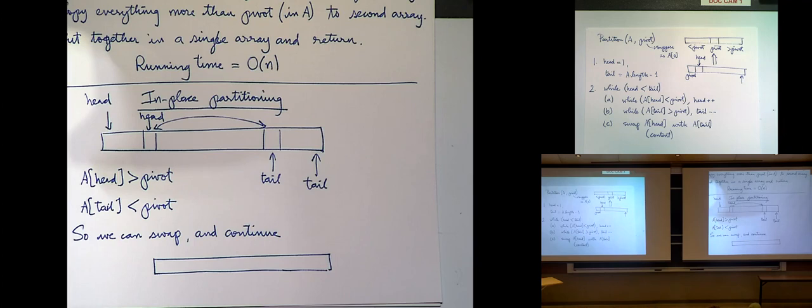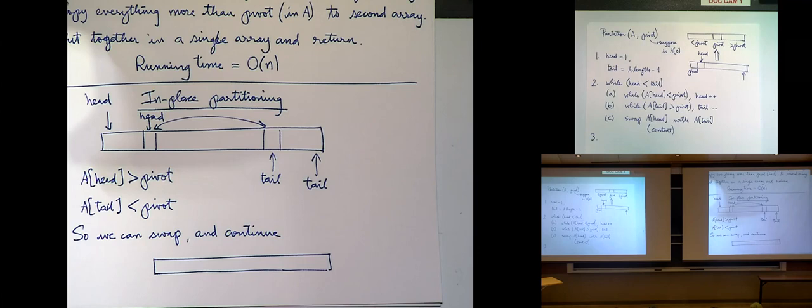And then there's one step that's left. Step 3. One operation that's left. To place the pivot, right? And where would you place the pivot? Exactly where this stopped. So then what you do finally, okay, let's be a little careful.